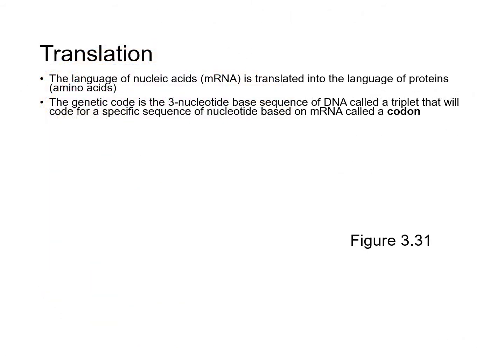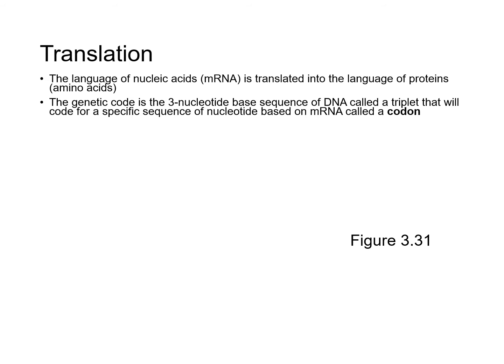In translation, the language of nucleic acids, for messenger RNA, is going to be translated into the language of proteins, which are amino acids. The genetic code is the 3 nucleotide base sequence of DNA, which is also referred to as a triplet.